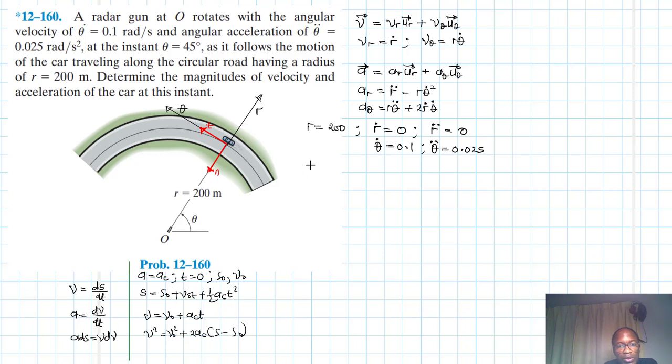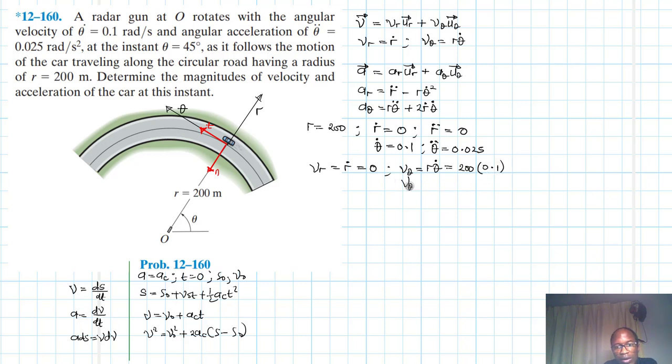So let's now begin to replace these, just following mechanical steps, because we have everything that we need. Therefore our v_r, which is just equal to r dot, is equal to 0, and our v_theta is just equal to r theta dot, which is 200 by 0.1.